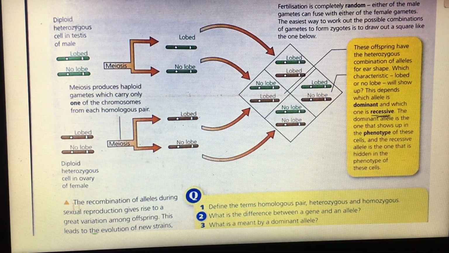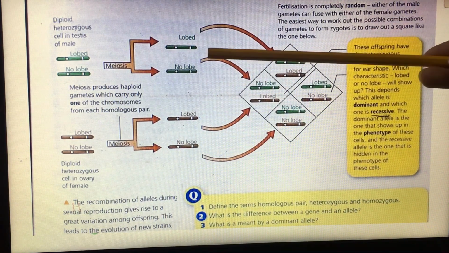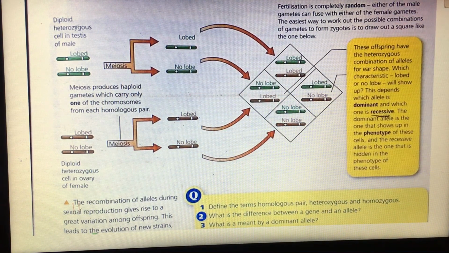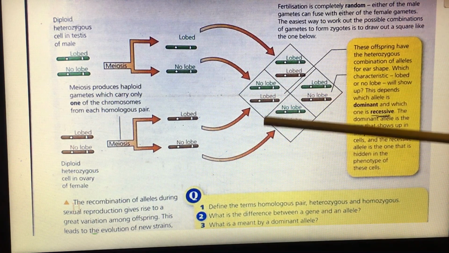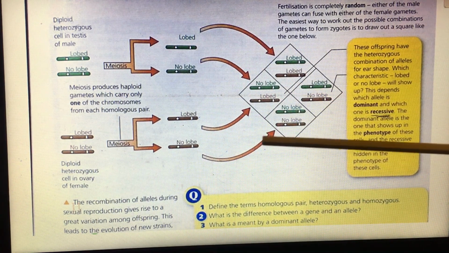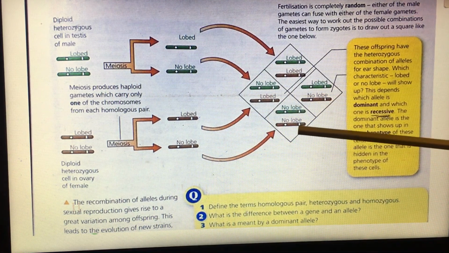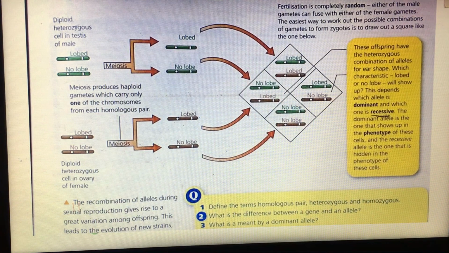And the last possible combination is when no loop ear shape connects with no loop ear shape from the female. They will produce a homozygous cell because no loop with no loop. So here the ear shape of the offspring will be no loop.